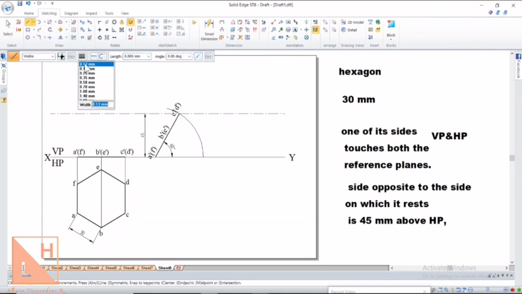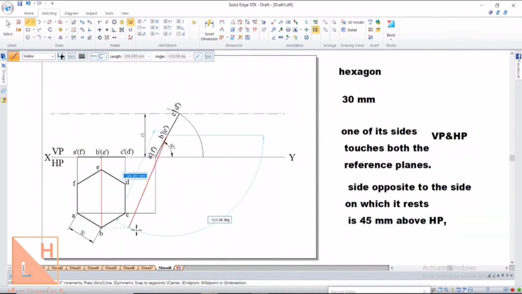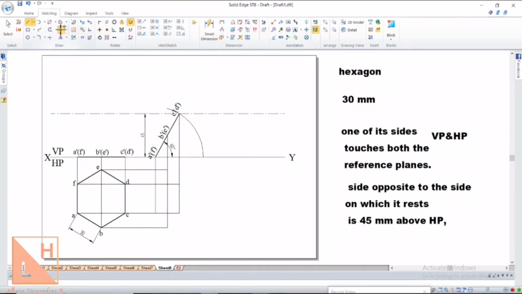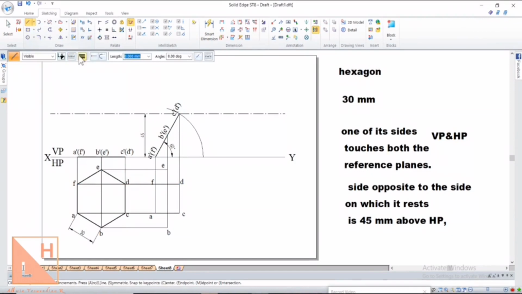Now we can use the projection line to get the second position top view. Join the 6 points to get the top view in the second position.